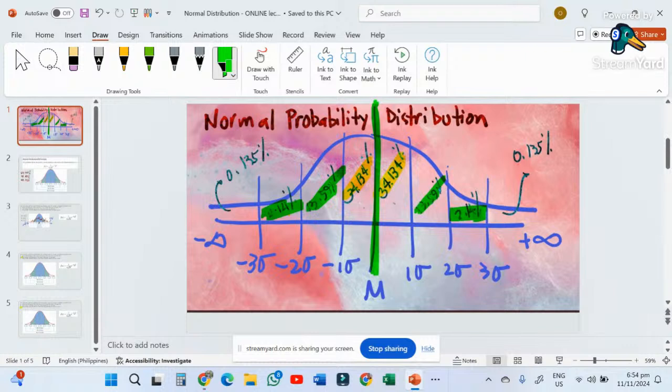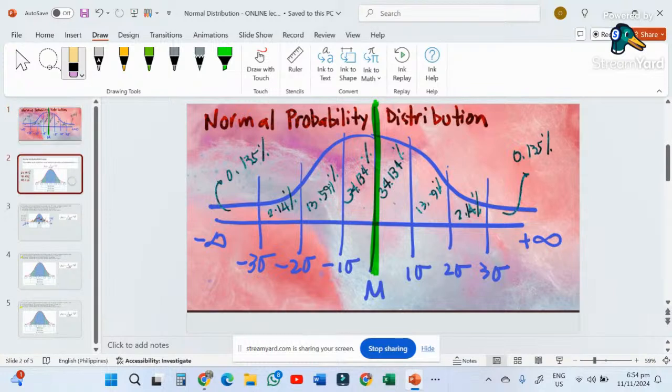And you have 0.135, that is the remaining bit of the 50%, and this is the remaining bit for the 50% on the other side. That's why it's called normal probability distribution. You must know this by heart if you want to memorize the values, or you must have a copy of it so you can use it during the exam.